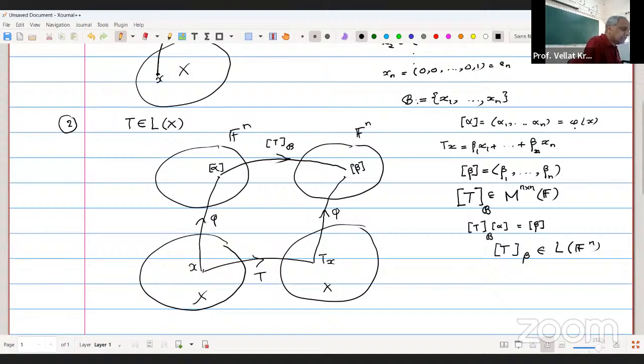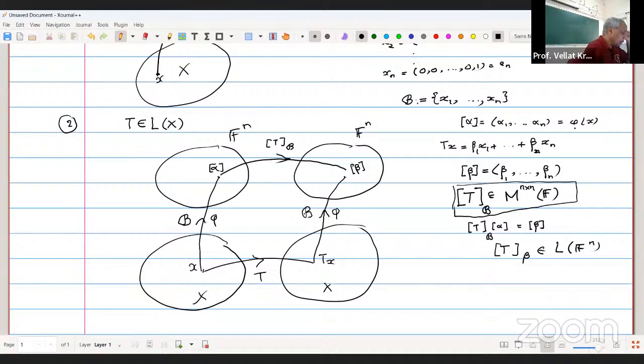That's why I said this is an element of M n by n of F. So what we have obtained is, corresponding to T, once we have fixed the ordered basis, which in turn fixes the isomorphism, you have an n by n matrix identified which maps the image of x to the image of Tx.